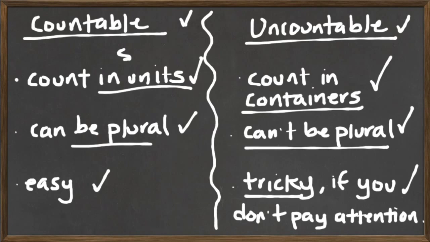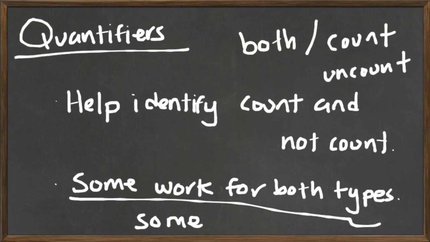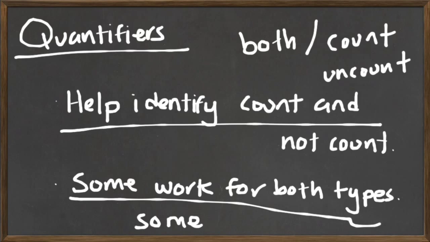We use a container in order to count them, and well, they're tricky, and normally countables are easy. The quantifiers help us identify whether we're talking about a countable noun or an uncountable noun.